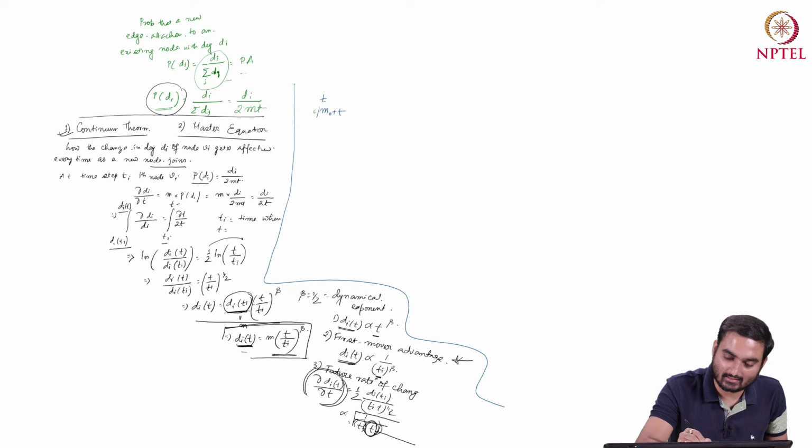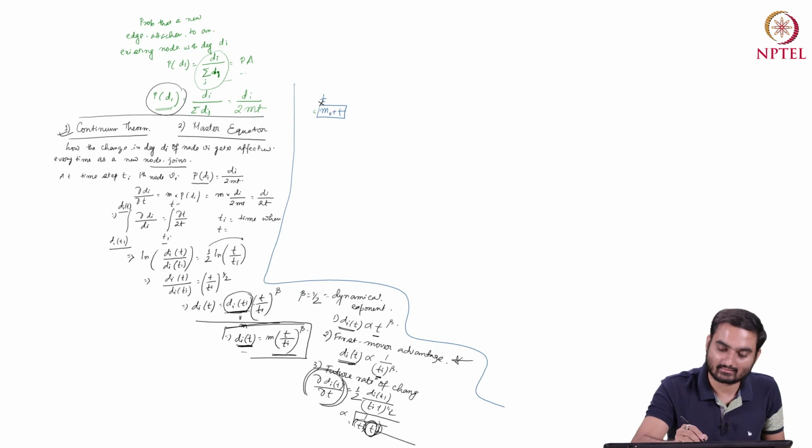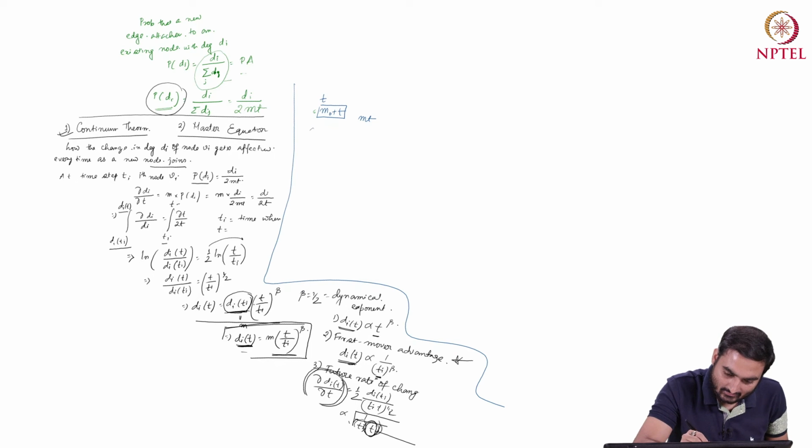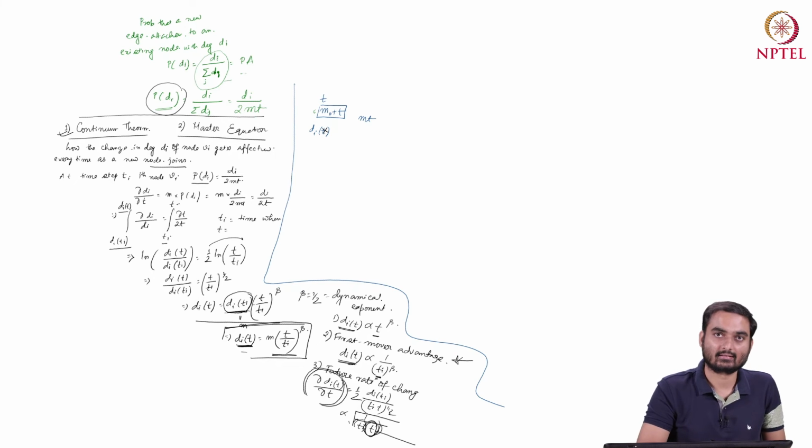So m0 plus t nodes, and mt edges, of course mt plus m0, but you can ignore m0. Also we need to remember that d_i(t) is the degree of node vi at time t.